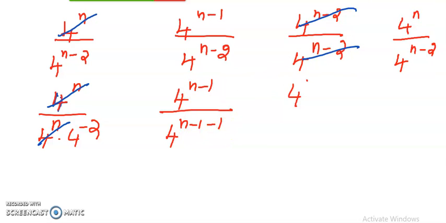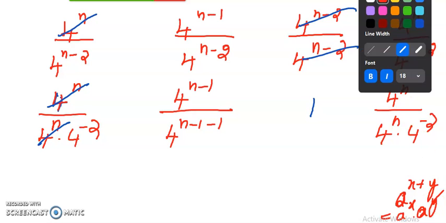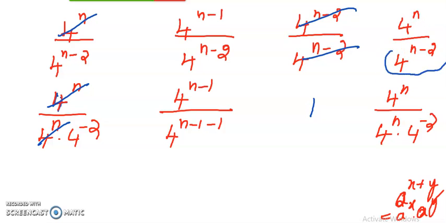Here there is 1, and this one is 4 power n by 4 power n into 4 power minus 2. So we know a raised to x plus y is a power x into a power y. That means you can split this a power x plus y as a power x into a power y. So we can split this 4 power n minus 2 as 4 power n into 4 power minus 2.